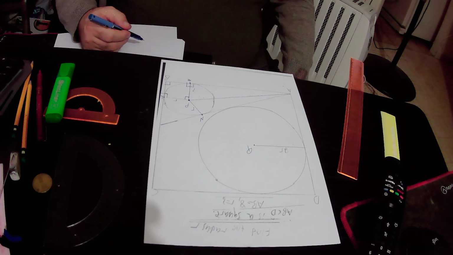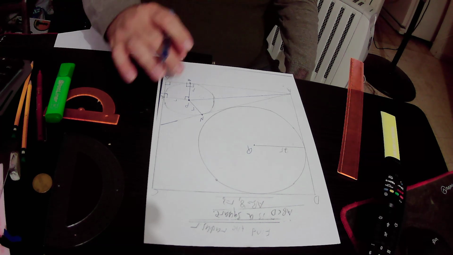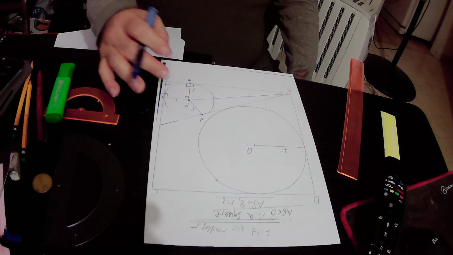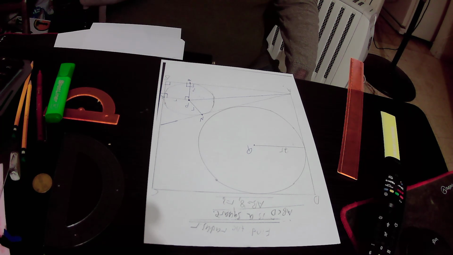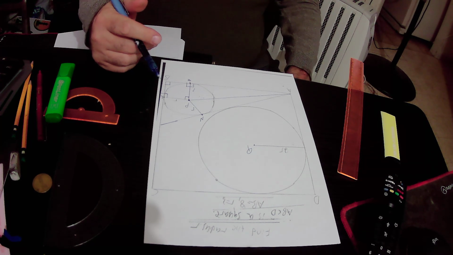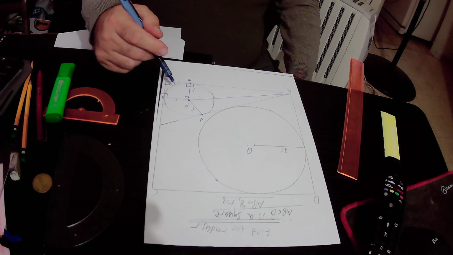So here actually we have a quadrilateral with 4 right angles, so this shape is a rectangle. Any quadrilateral that has 4 right angles must be at least a rectangle.